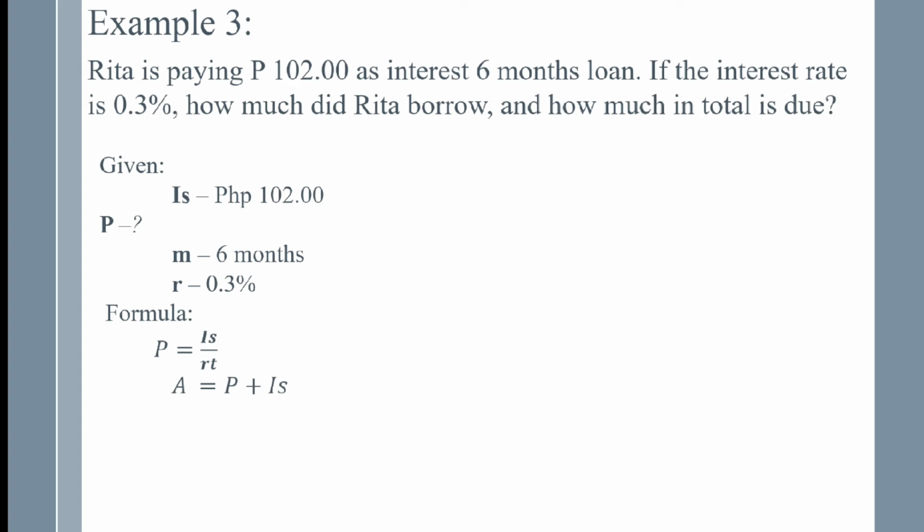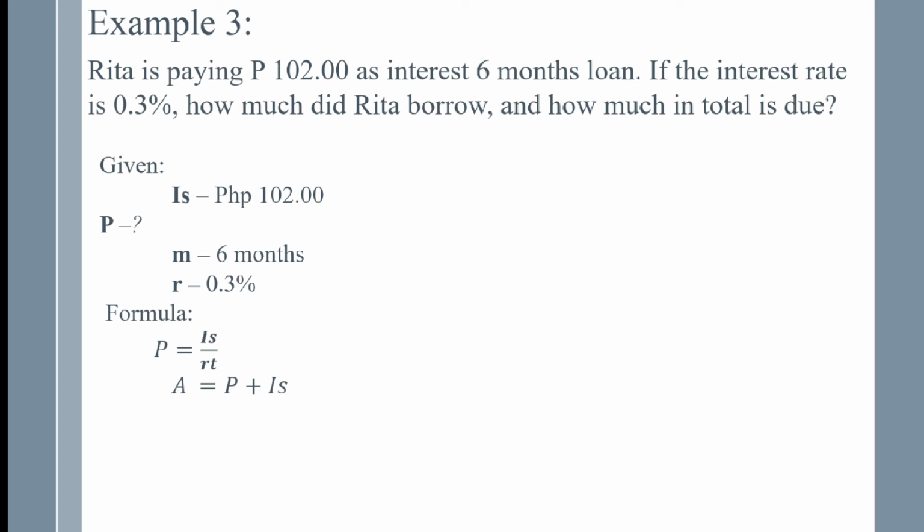Now let's list down the givens. First, we have our simple interest, which is 102 pesos. We have our time, which is 6 months, and our rate, which is 0.3%, or if converted to decimal, it is 0.003. Next, follow the formula for the principal first. The formula for principal is simple interest over rate times time.